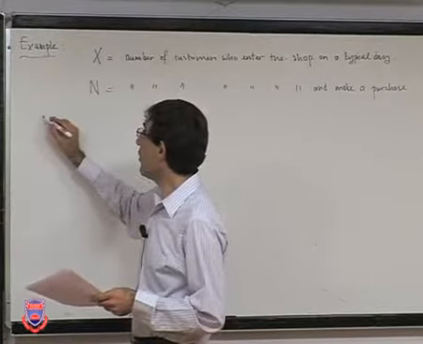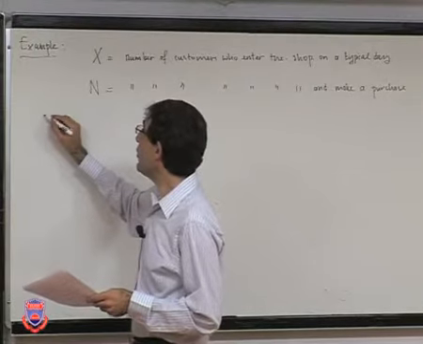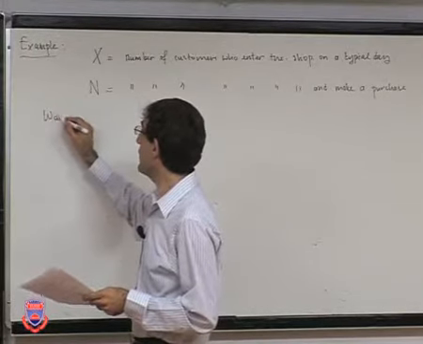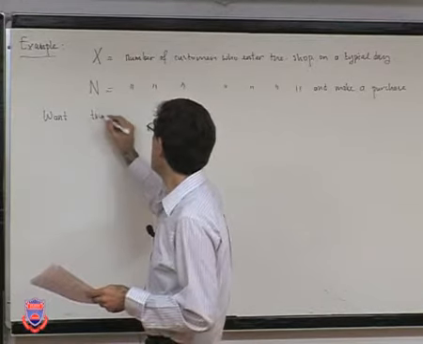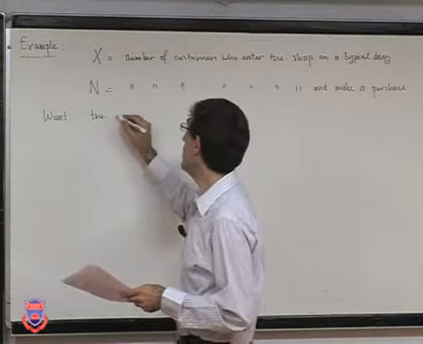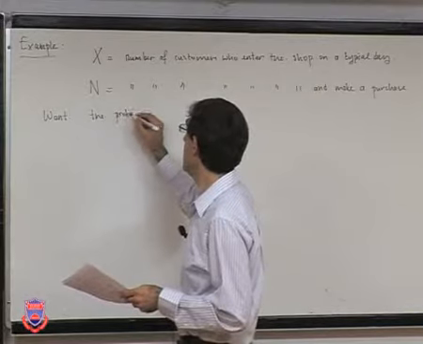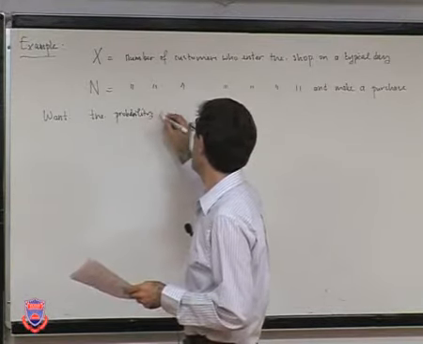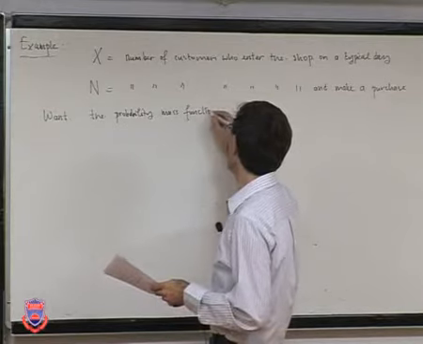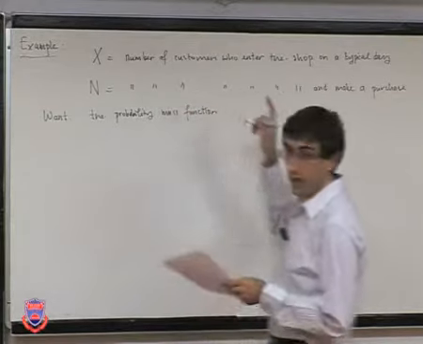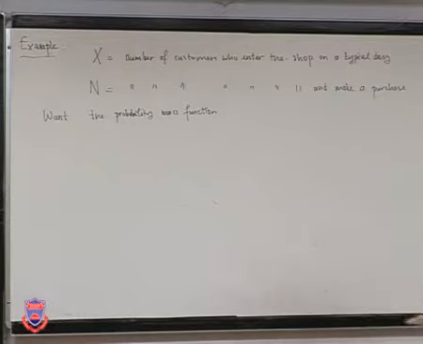And what do I know? First of all, what do I want? That's important. I would like to find out the probability mass function. Obviously, the number of customers who will make a purchase is a discrete random variable.